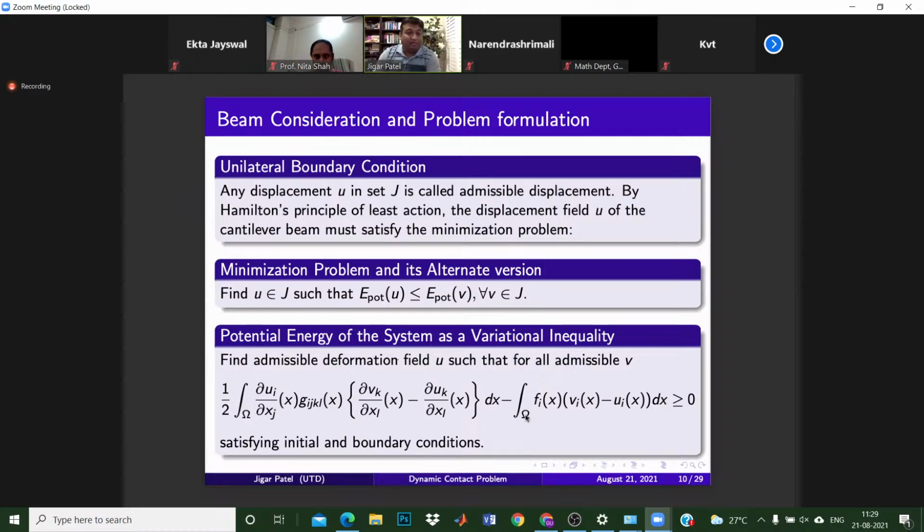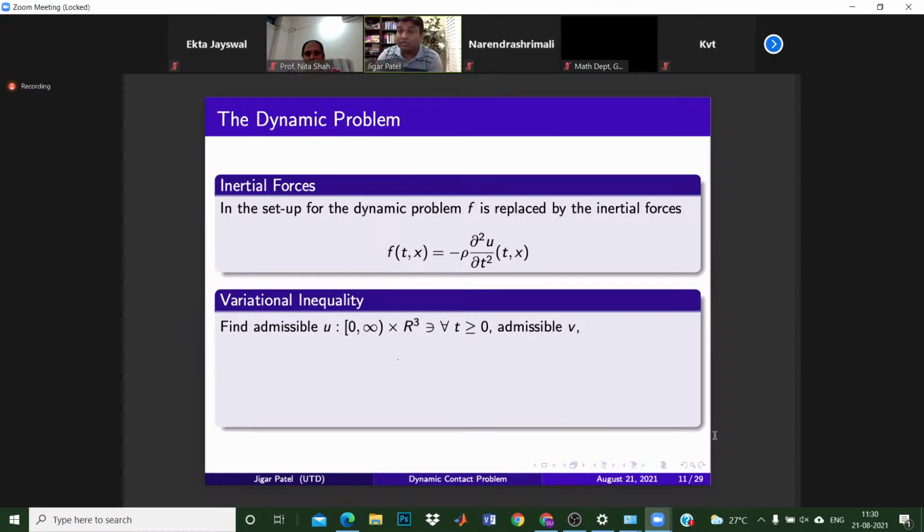All right, so this is the inequality that can be obtained easily using this minimization problem. As I said, we are looking for the admissible deformation u that satisfies this integral inequality, right? That obviously satisfies the contact boundary condition and initial conditions, right? So since the initial load is known, there is some initial shape, and then we have designed the boundary condition, so the boundary condition will also help with that.